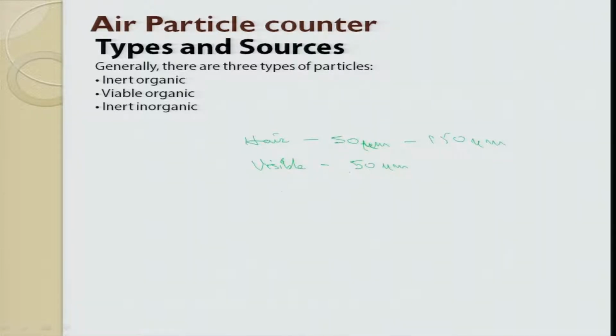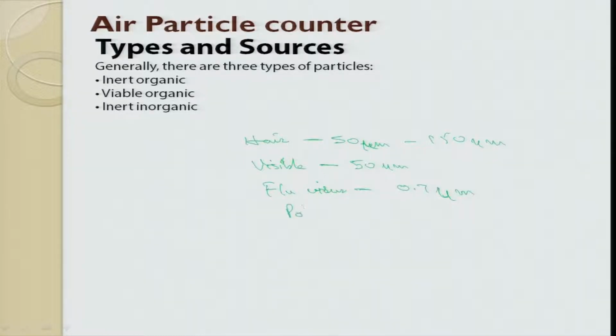Then flu virus particles are also around us in the air, and their size is 0.5 micrometer. So, see, I told you, if it is less than 1 micrometer it is bad for health.